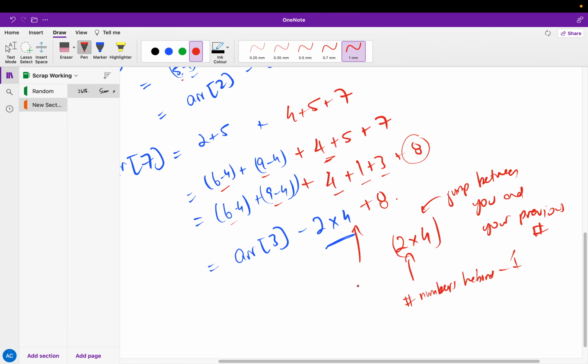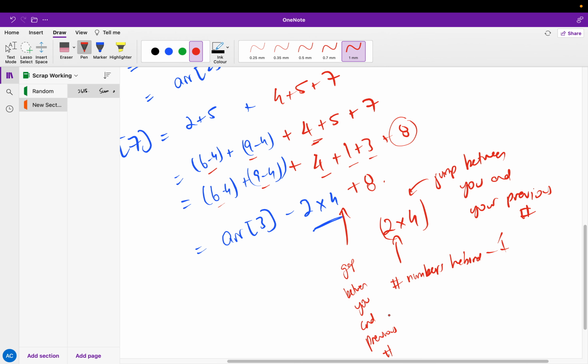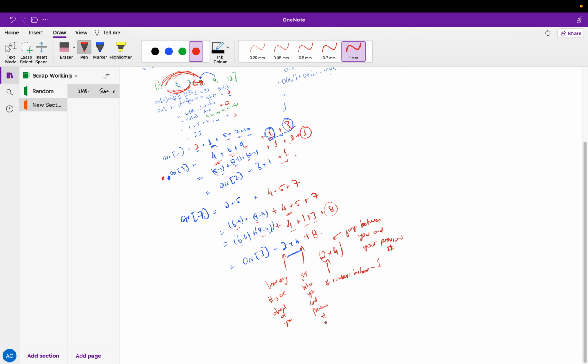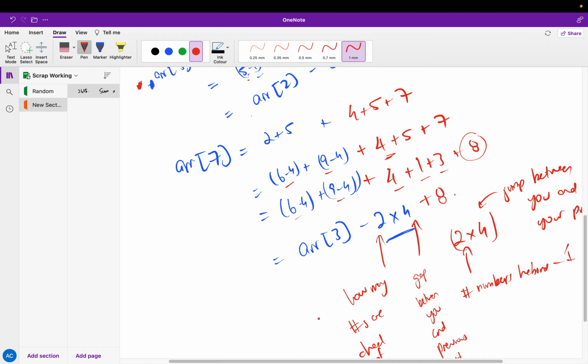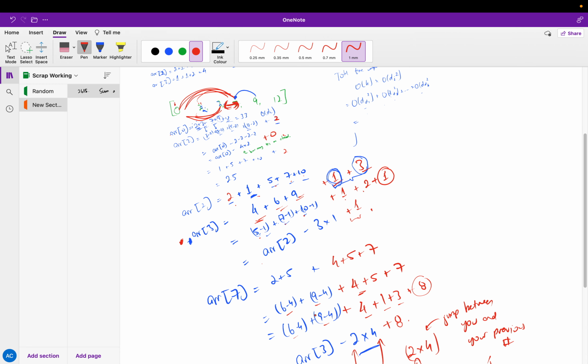So the 4 is the gap between you and the previous number. 2 is how many numbers are ahead of you. I think I've cracked it, but it's crazy. It's not crazy, but it's a bit wacky. I get it though, but I don't know if it made any sense coming across on the film.